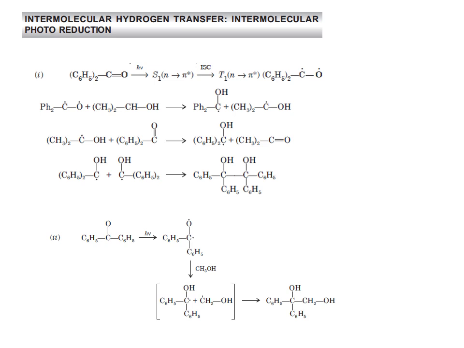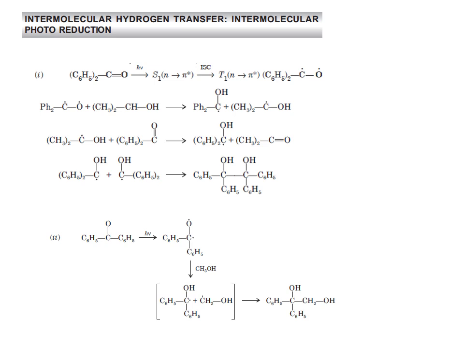Ketone undergoes photoreduction in the presence of a variety of hydrogen atom donors. These hydrogen atom donors are secondary alcohol, toluene or cumene, and the reaction is usually a bimolecular reaction.